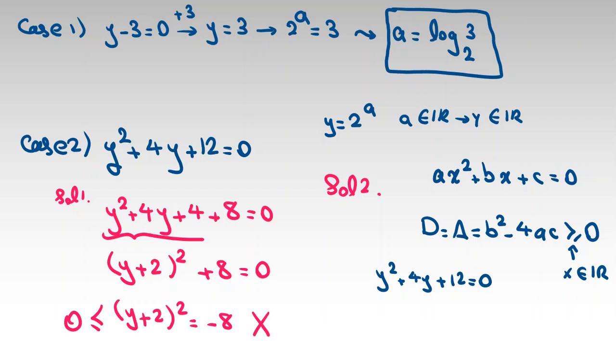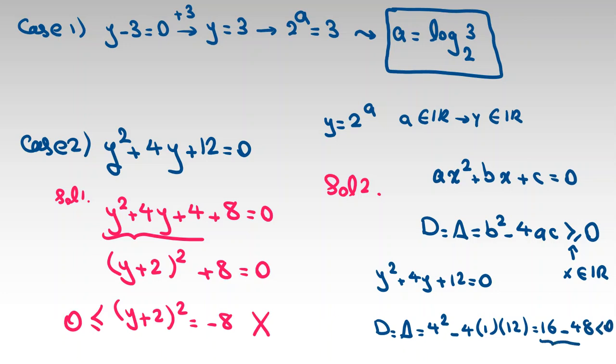Here, if I want to calculate the discriminant, or delta, it will be b squared, this part squared, so 4 squared, minus 4ac. So I can write minus 4, where a is 1 here as the coefficient, and c is 12. It will be 16 minus 48. Obviously, it's less than 0.